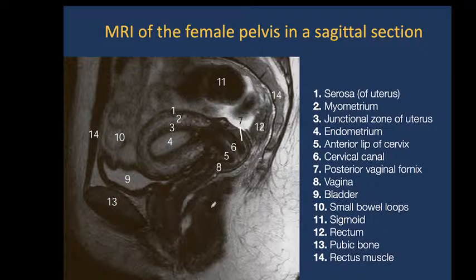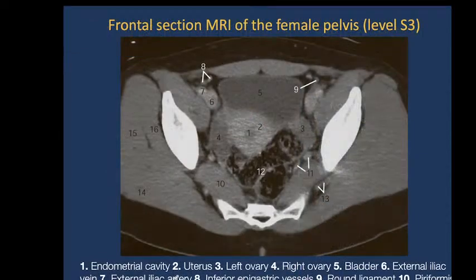Female pelvis. There are three organs in the pelvis: bladder, uterus, and rectum, number 11. But the lower part, this is vagina and external female organs.